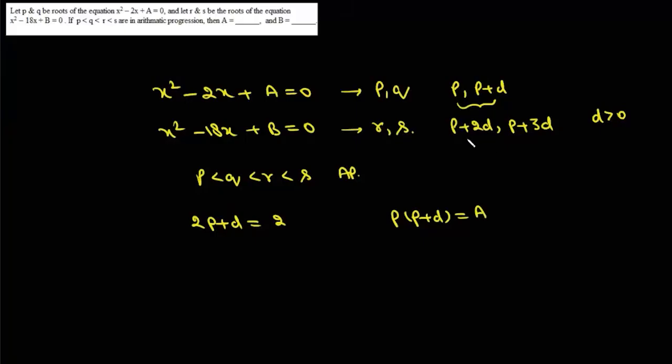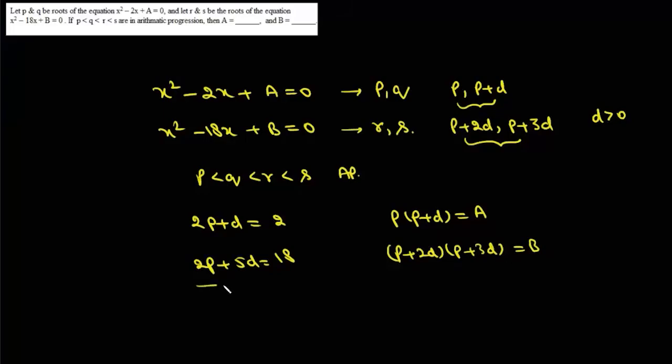And for the second equation, again sum of roots: 2p plus 5d will be equal to 18, and product of roots, p plus 2d into p plus 3d, will be b.